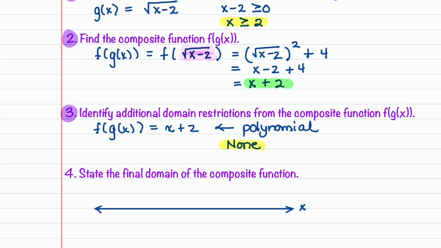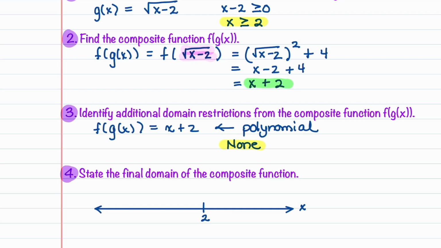Our last step then is to just state the final domain. We have a restriction from g of x, and that says that x has to be greater than or equal to 2. So on our number line, we're going to put the number 2. And in step 3, we found that we have no restrictions to our composite function that aren't from g of x, so we don't have to add anything else.